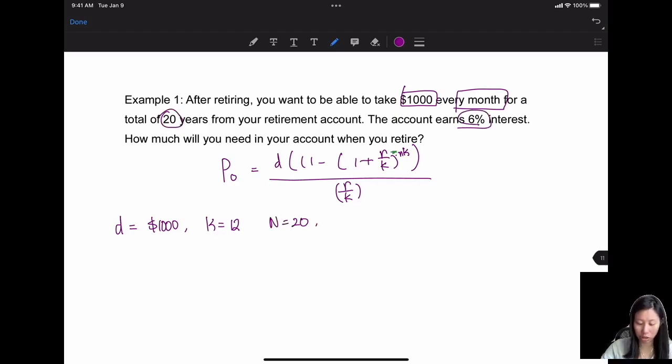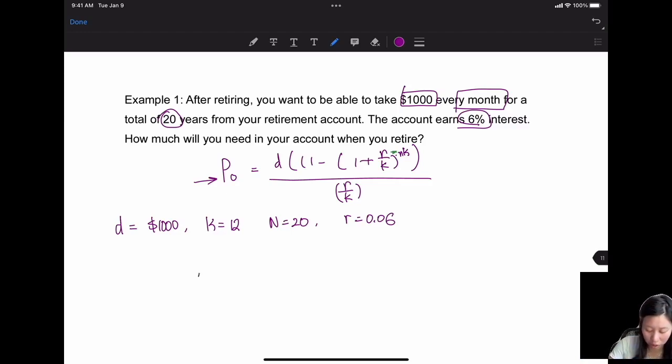The interest rate is 6%, so R equals 0.06. They ask how much you will need in your account when you retire, which is P sub 0. That means how much you need to save up in order to maintain your life after you retire for 20 years. So let's calculate that.